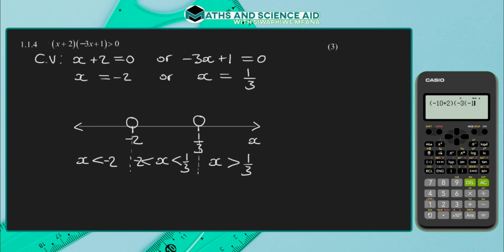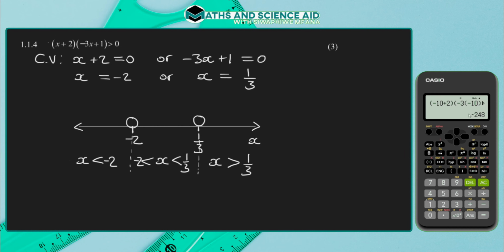So for negative 10, this is what you would get. You just substitute in all of that, you punch it into your calculator, and then you look at the value that you get. Here we are getting negative 248. In fact, we don't really care about the actual value that we get, but we are more concerned about the sign of that value.